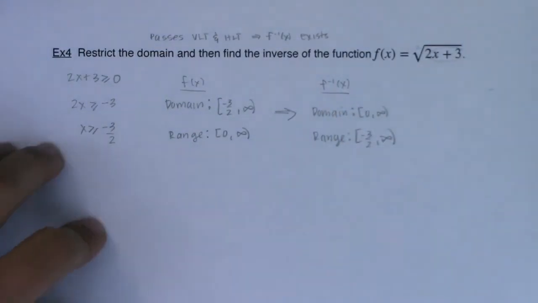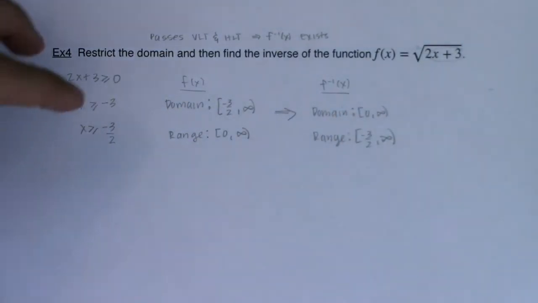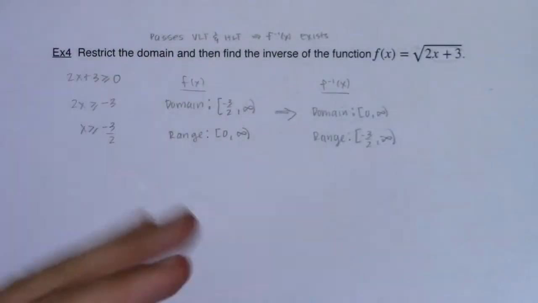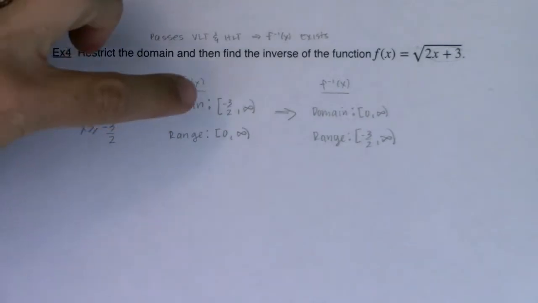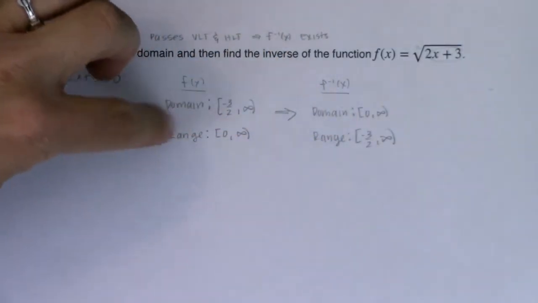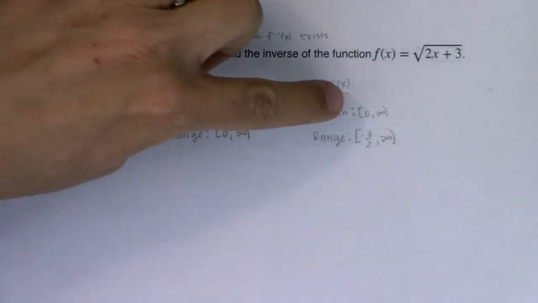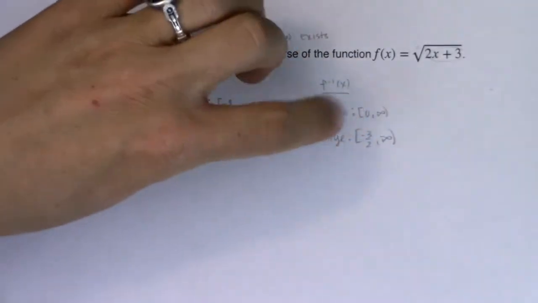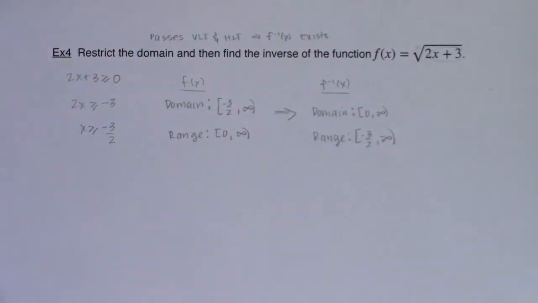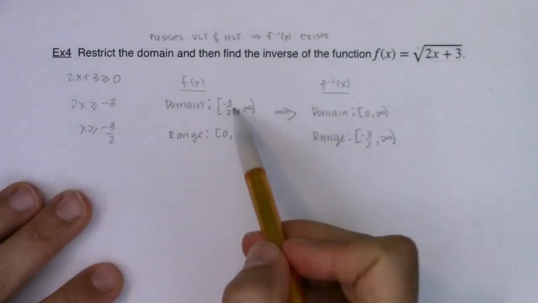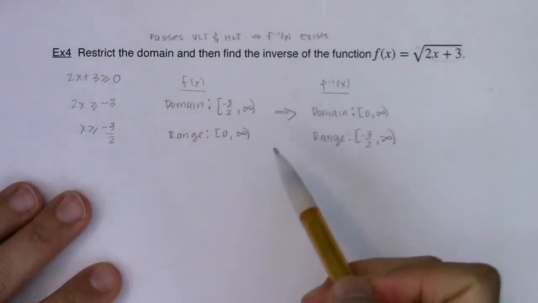So that's why, at least when I go through these problems, before I even get to swapping out x and y and solving for my new y variable, I like to find the domain and range of my original function, because it gets me centered, and I know, okay, the domain and range of my inverse are going to be the flip-flop of the original. And when I say flip-flop, again, domain becomes range, range becomes domain.